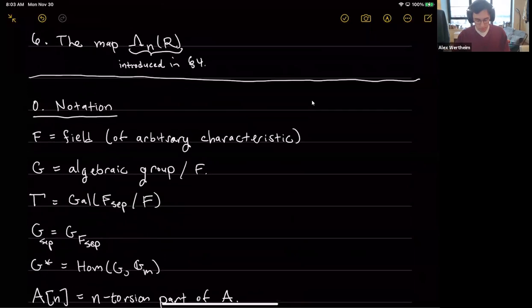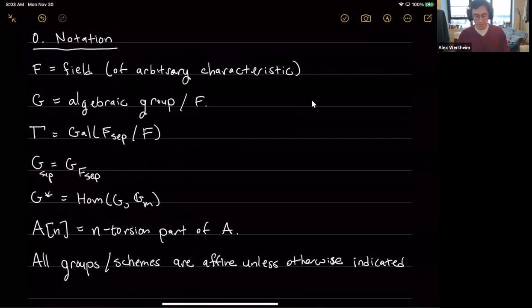So as promised, the notation. F will just be a field of arbitrary characteristic, so no assumptions whatsoever on the field. G will denote an algebraic group over F. I'll write gamma to denote the absolute Galois group of F. And G sep will be shorthand for the base change of G to the separable closure of F. I'll write G star to denote the character group of G, which is to say algebraic group homomorphisms from G to the multiplicative group G_m.